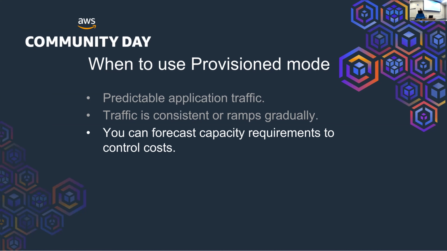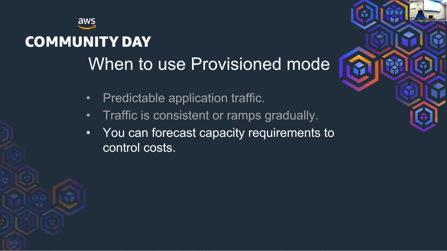Yeah, and so basically these are also workloads which you can forecast, right? So it's not that you cannot use provision mode if you have, like, seasonal load. For instance, the customer that we worked with used to get almost 20% of their sales during the whole holiday period, right?